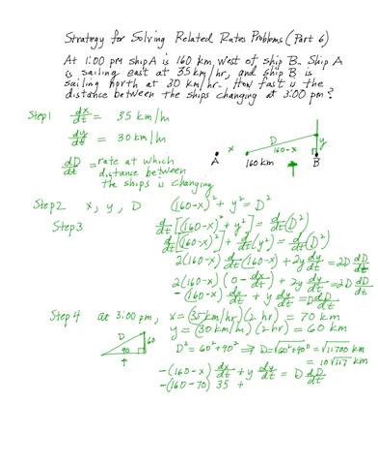Y is 60. dy/dt is 30. Notice that's from step 1. My D is 10 times the square root of 117, and I want to solve for the derivative of D with respect to t.